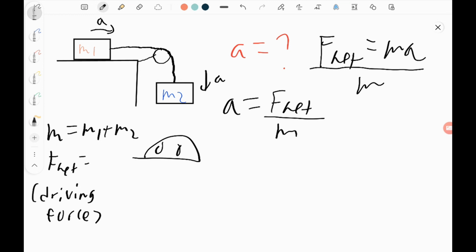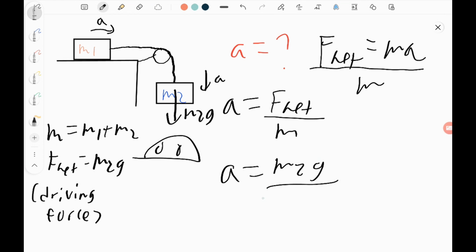But we know that gravity is going to be pulling M2 downward, and that is going to be the driving force of the system, or M2G, because it's the gravity force on M2 that causes the system to accelerate. So the acceleration is just equal to the net force, M2G, divided by the total mass, or m1 plus m2.